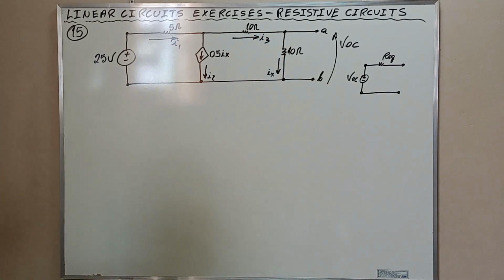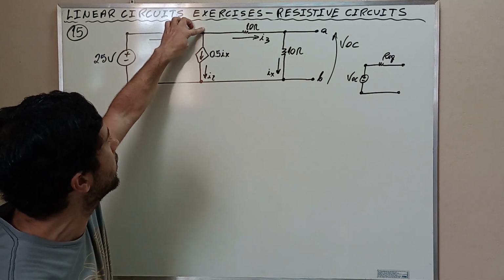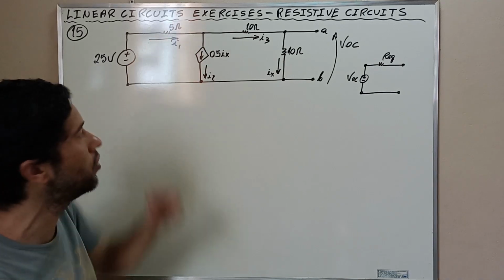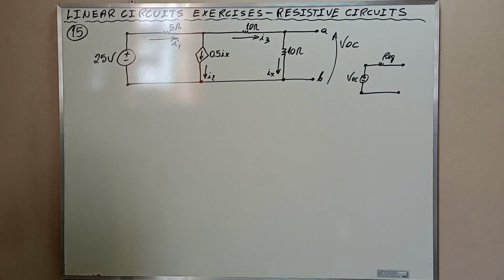Okay, my friends, and observe that we have a node here. Can you see we have a node here, and for any given node the sum of the currents that enter the node has to be equal to the sum of the currents that leave the node.